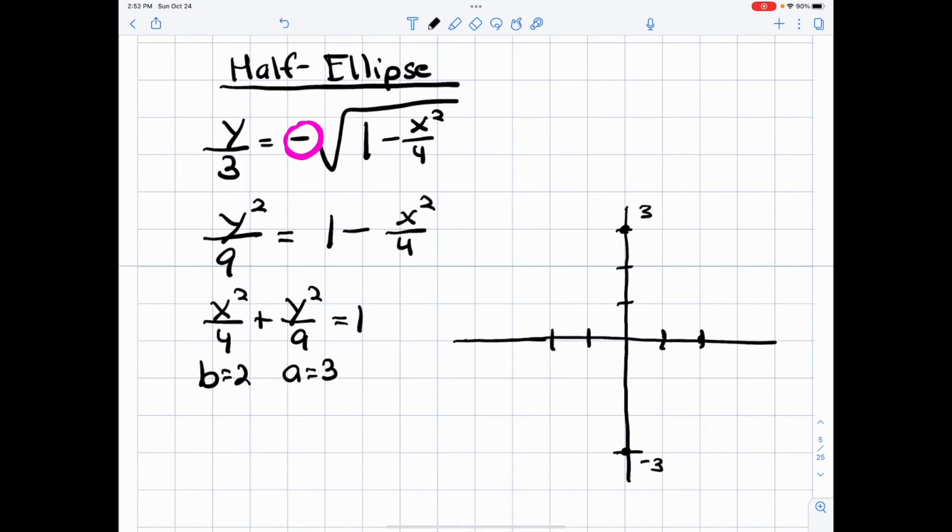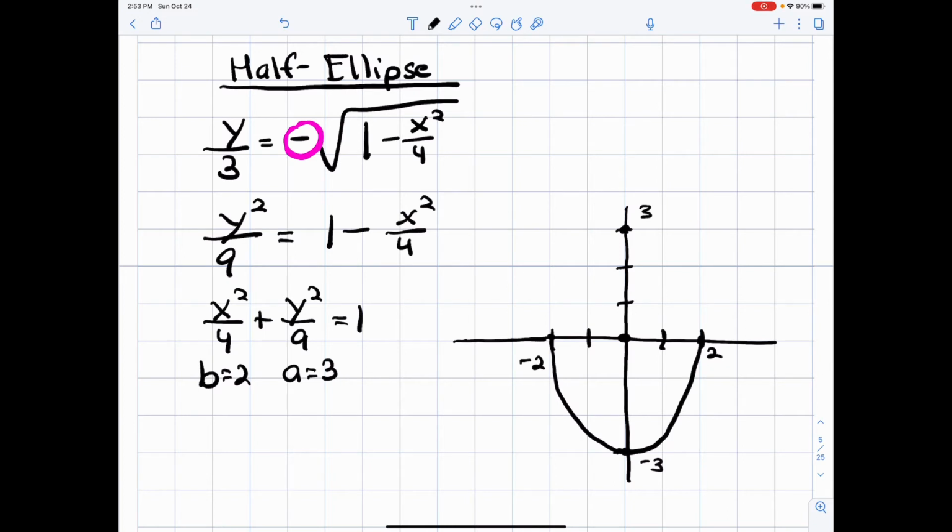So we got positive 2 and negative 2. Again, this is centered on 0, 0. And then since we're only dealing with the half that's under the x-axis that has the negative y's, we're only dealing with this half right here. And that's it, because of that negative sign where the y over 3 equals a negative.